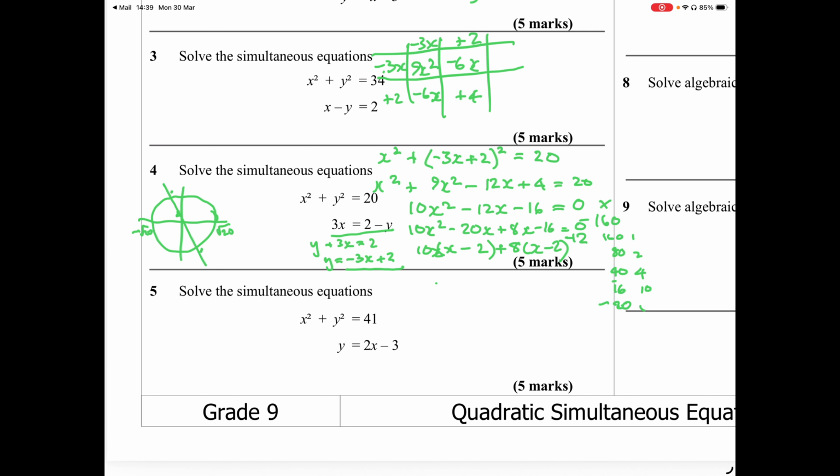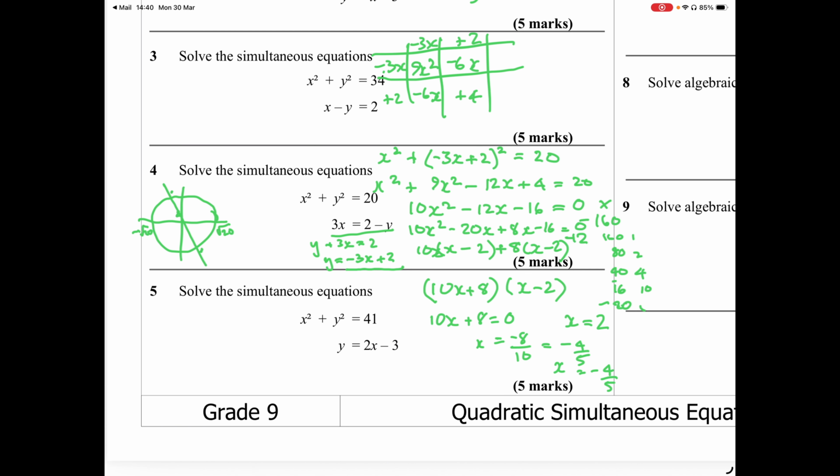That means 10x plus 8 and x minus 2 are our factors. So we know x equals 2 and 10x plus 8 equals 0. So that's minus 8 over 10, which equals minus 4 over 5. So x equals minus 4 over 5 and x equals 2.